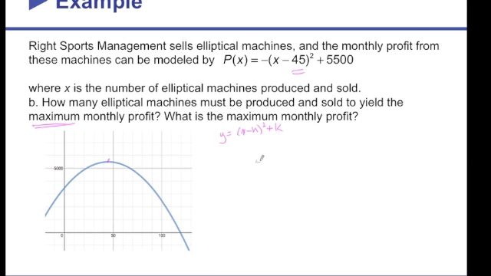How many machines? I need to sell 45 elliptical machines to get my maximum profit, and my maximum profit is $5,500 because that's the K of this equation.